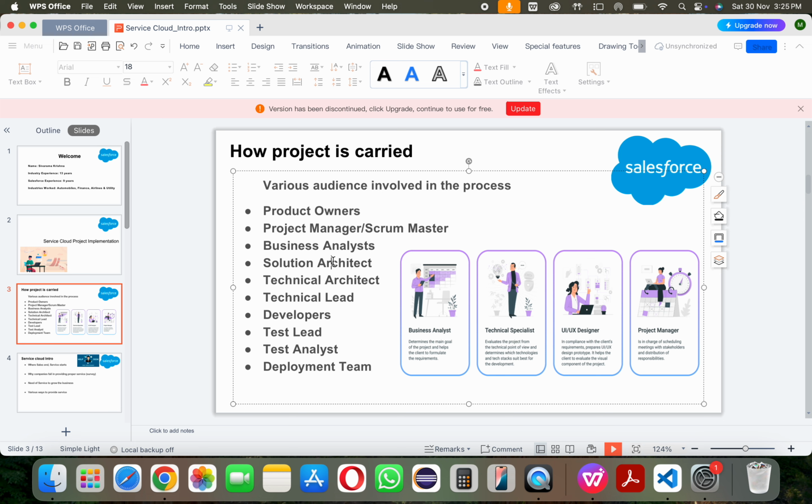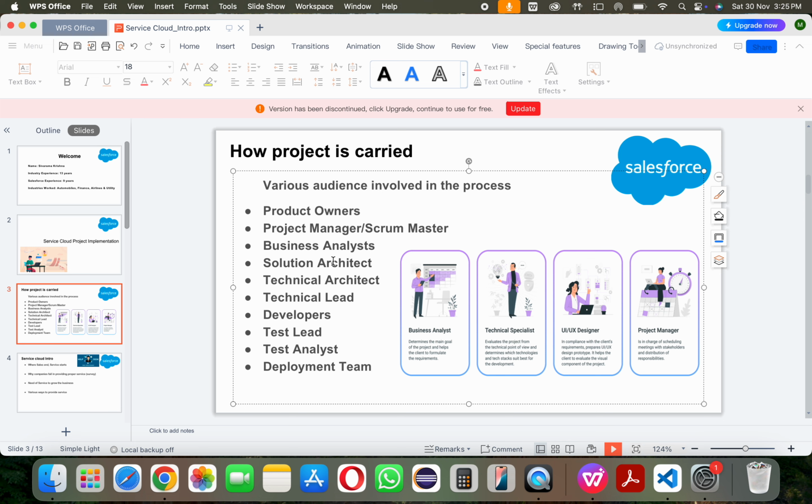I can achieve your requirement in Salesforce. Maybe there are various systems out there, right? Like there is Microsoft Dynamics. You can also do it in some other languages like Java or .NET. So the same requirement can be done in various technologies. But how can you make sure that Salesforce is the right tool to complete your requirements?